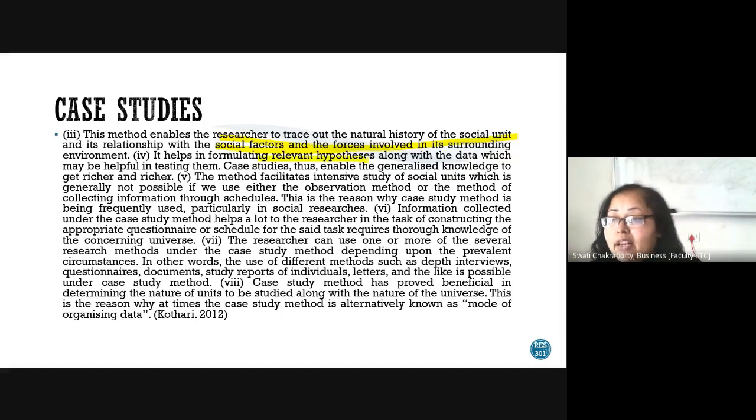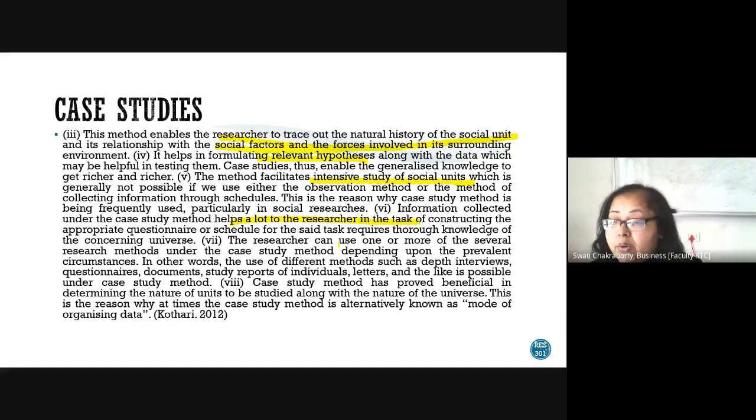It helps in formulating relevant hypotheses along with the data, which may be useful in testing them. It helps in intensive study of social units, which is generally not possible if we use either the observation method or collecting information through schedules. Information collected helps the researcher in the task of constructing the right kind of questionnaire or schedule.